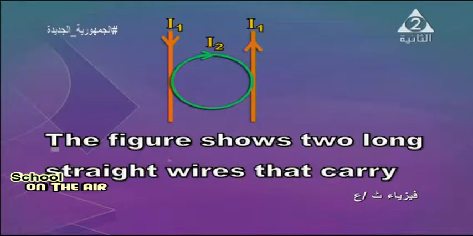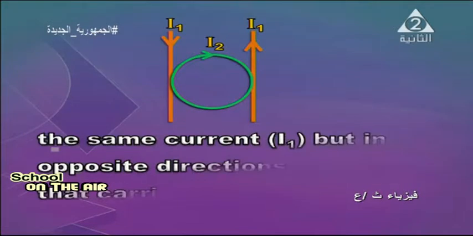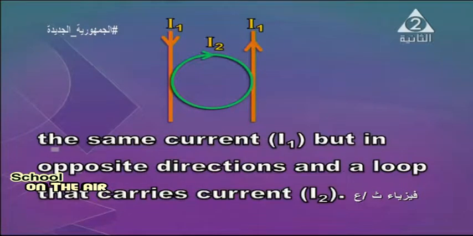The figure shows two long straight wires that carry the same current intensity, denoted by I1, but in opposite directions. This means that the fields produced by these two wires somewhere inside the two wires have the same direction, and it must be opposite to that of the loop so as to cancel each other.